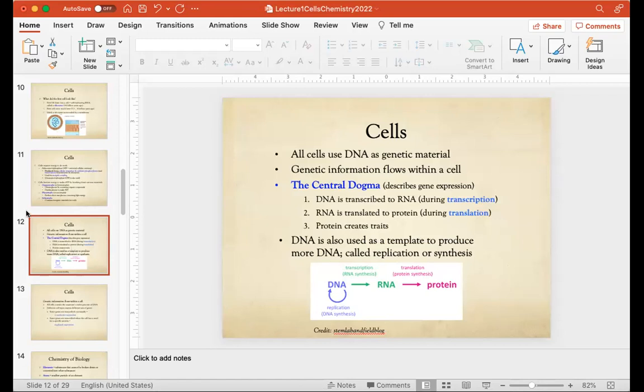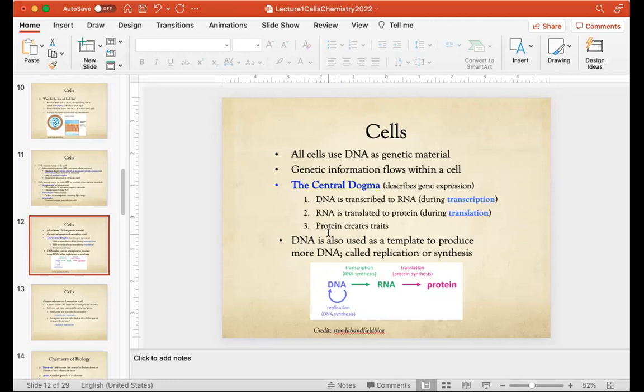And that leads us to the statements of what we call the central dogma. The central dogma, which is sort of our base foundational understanding of how information flows from the DNA molecule into all of the different traits that a cell has, all of the different structures and functions that keep a cell alive.